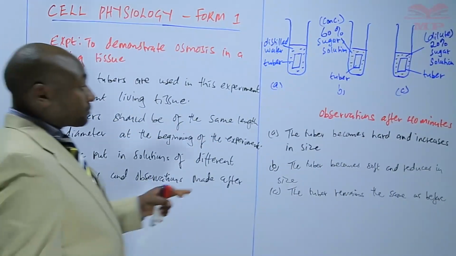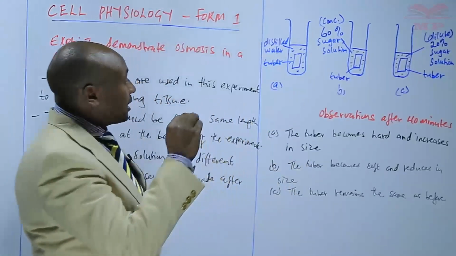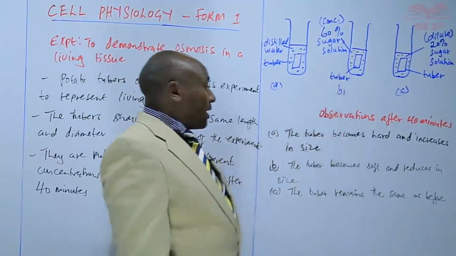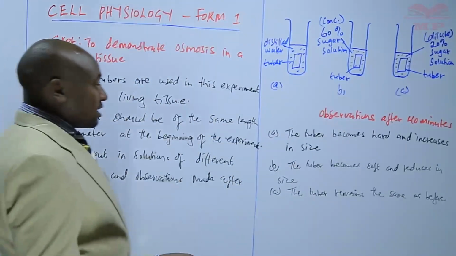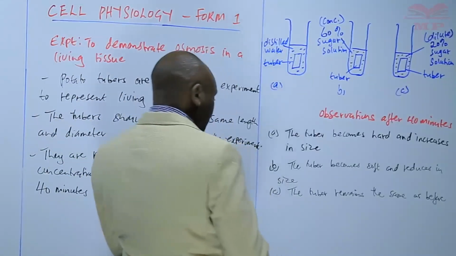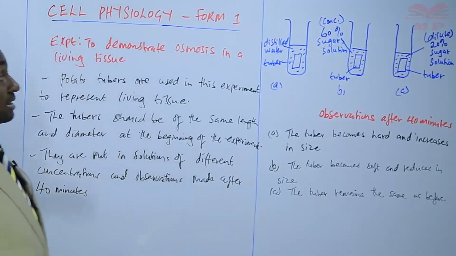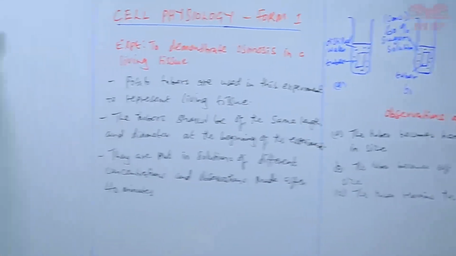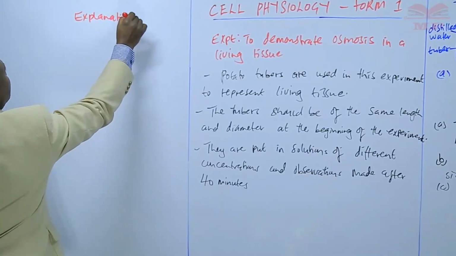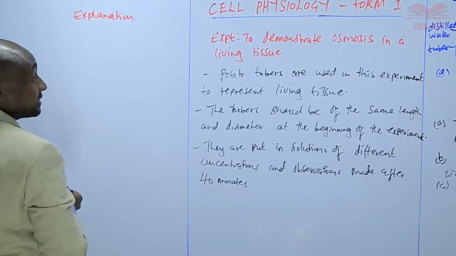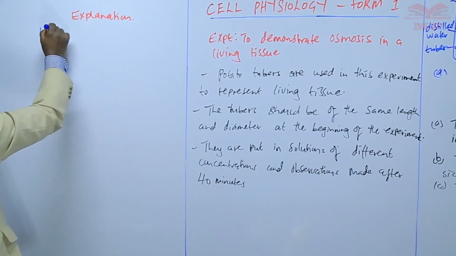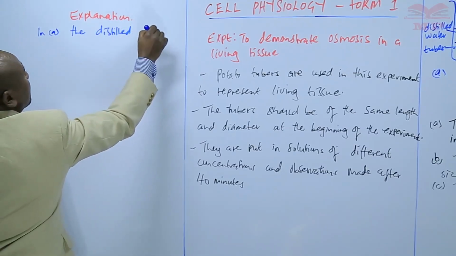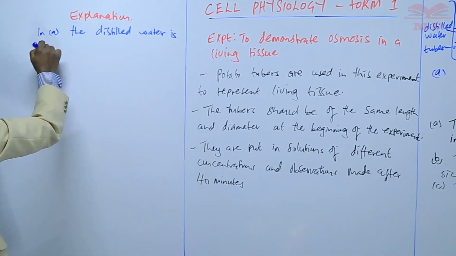So the first tuber becomes hard, very stiff, and also increases in size a little bit. The second tuber becomes soft and reduces in size. That means it shrinks. And then the third tuber remains as it was before. So how do we explain that? The explanation is that in A, the distilled water is hypotonic.